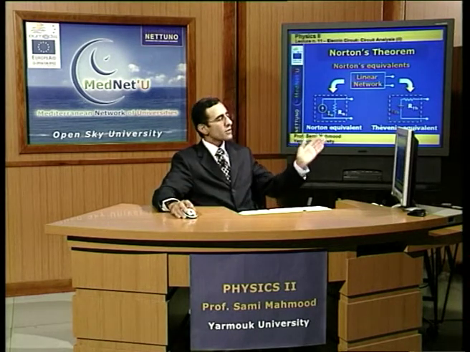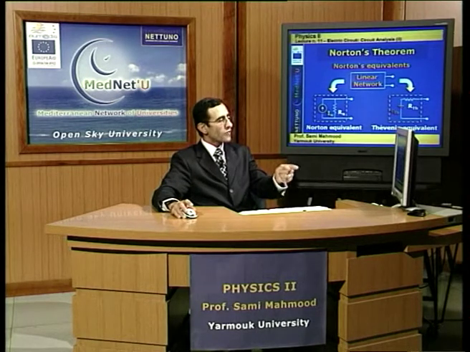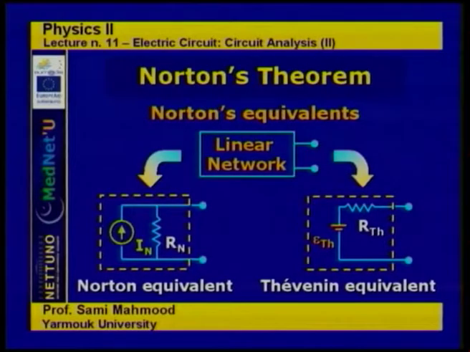So in general, that means the Thevenin's equivalent circuit has exactly the same behavior as the Norton's equivalent circuit. And comparing these two together, we can determine the Norton's equivalence in terms of Thevenin's equivalence, actually.